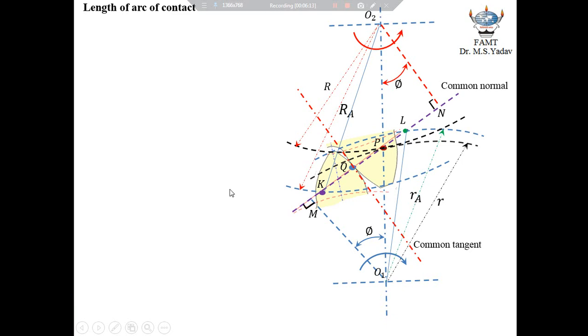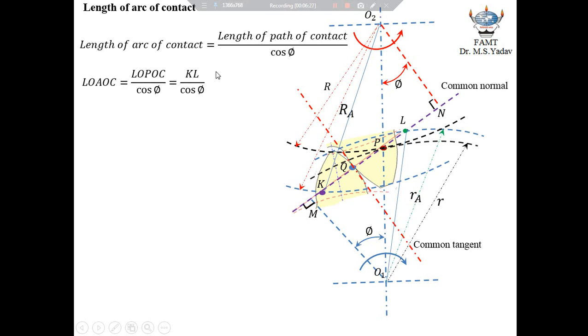Now let's talk about length of arc of contact. Length of arc of contact is the ratio of length of path of contact and cos phi. So length of arc of contact is equal to length of path of contact upon cos phi. So the expression will be equal to KL upon cos phi.